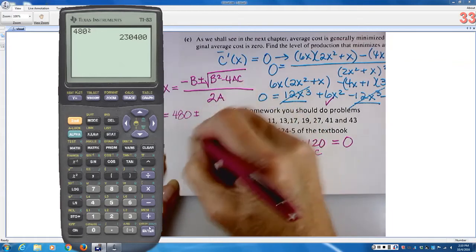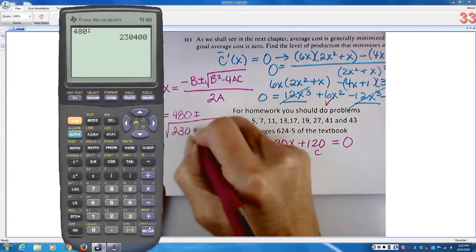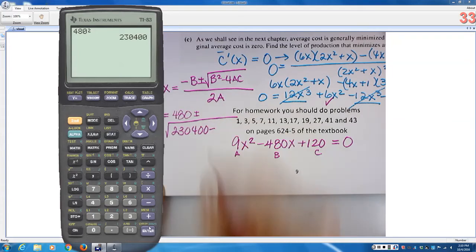That's 230,400, minus 4 times a, which is 4 times 9 is 36, times c, which is 120, is 4,320.